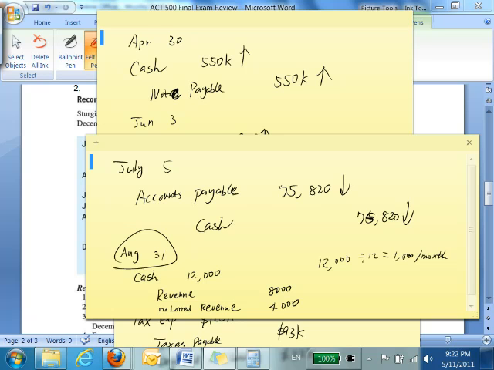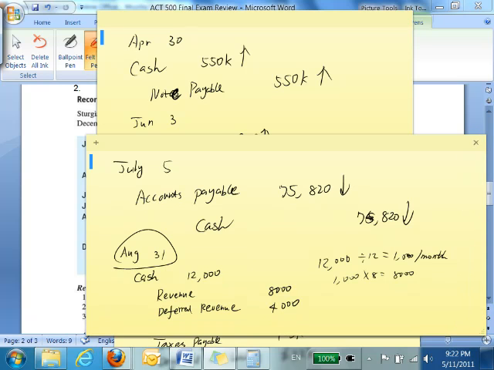Now it is August 31st, so 8 months. So 1,000 times 8, 8,000 earned, and the remaining 4,000 is deferred. I understand in this way.